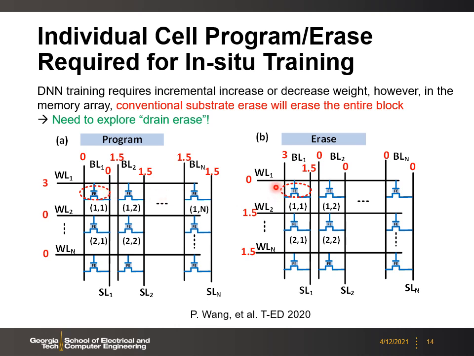In the erase, we are going to ground the gate by applying 0 to the word line, and then we raise the potential of the bit line to 3 volts and the source line to 1.5 volts. So effectively, from the drain to the gate, we will have negative 3 volts. Then we can effectively erase the device. We need to examine the possibility of the drain erase in the next slide.